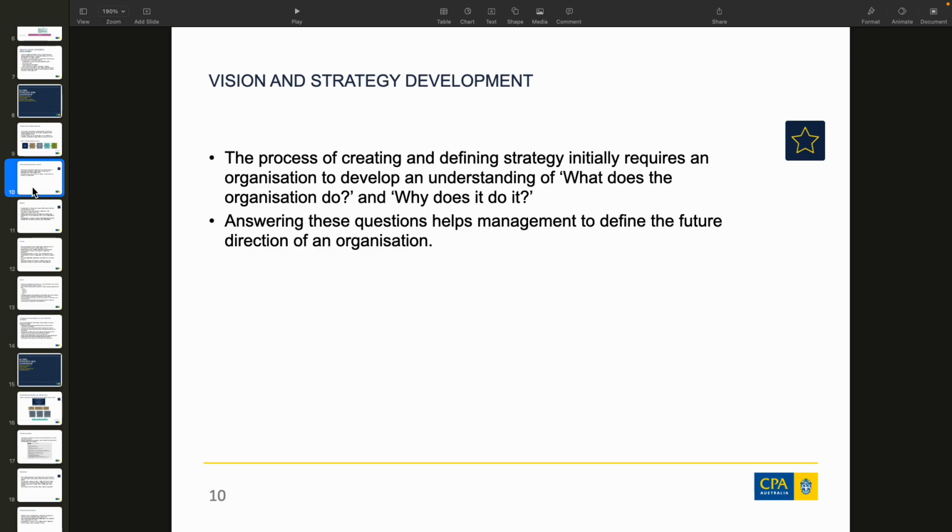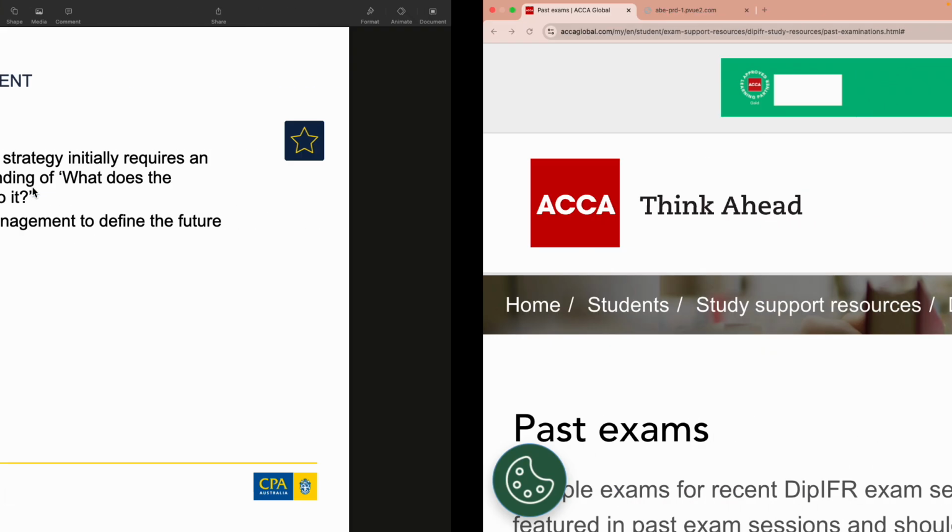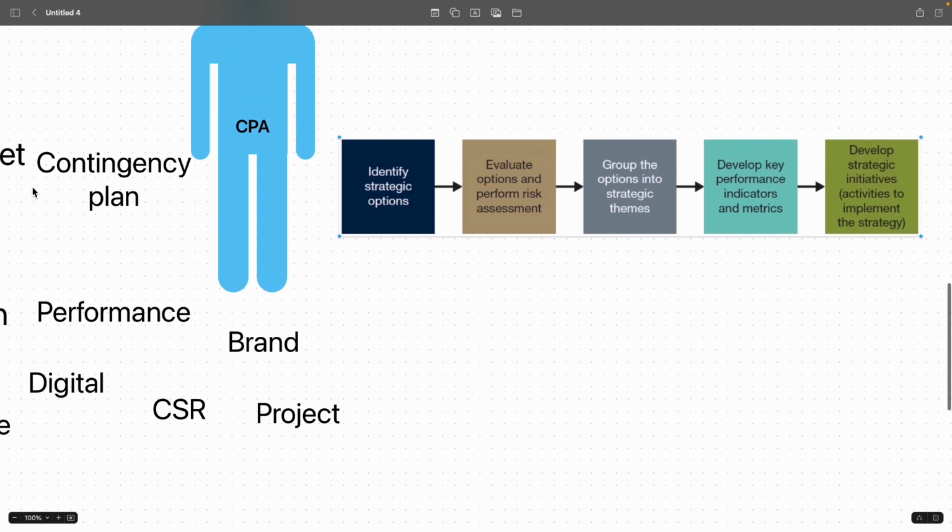The process of defining strategy initially requires you to develop an understanding of what the organization does and what it does not do. These are important questions: what you do, what you don't do.